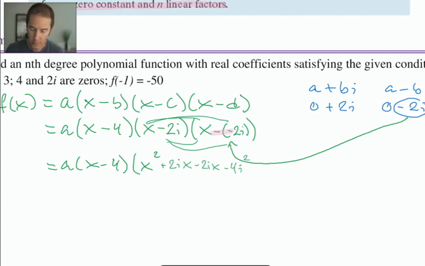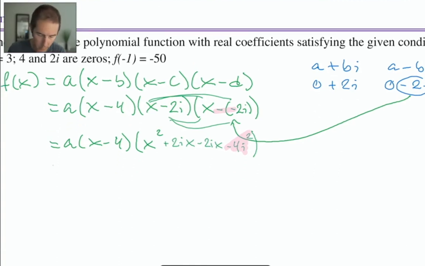Now you should know that the definition of i squared says that i squared equals negative 1. So this really says negative 4 times negative 1. So it's going to turn into a positive 4 the next time I write this thing out. Let's do that. Also, the O and the I terms canceled out.